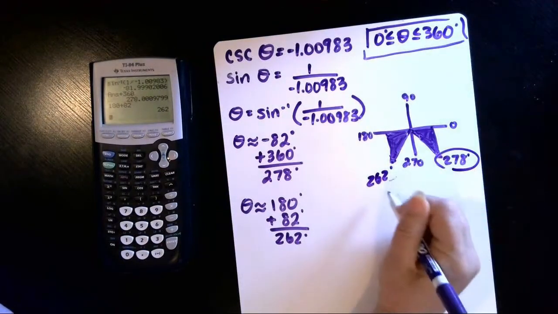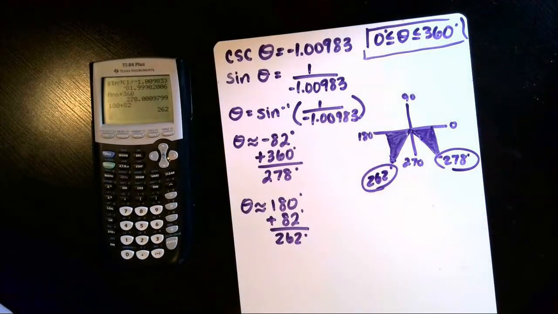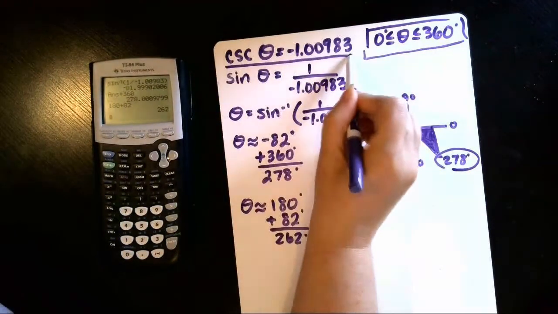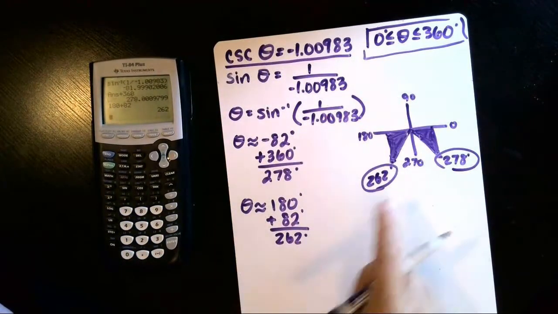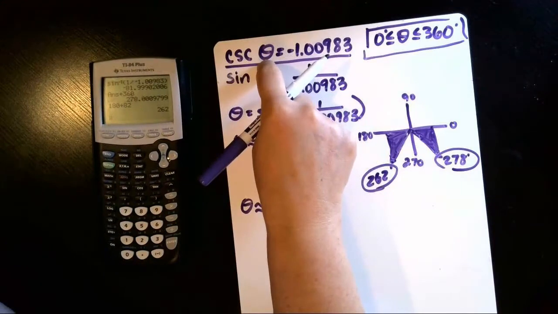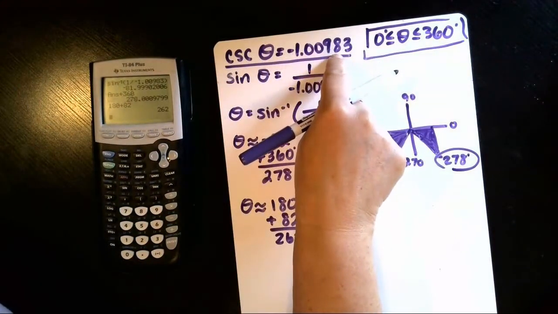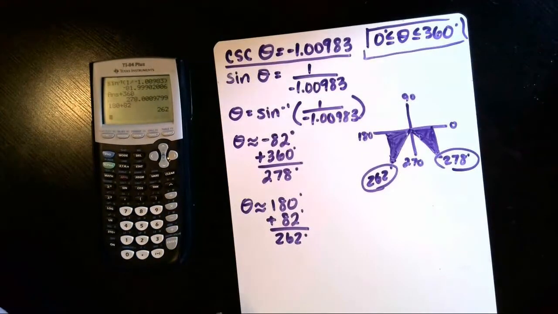So we have these two solutions for this equation that we started with, and we can check them by plugging these answers in one at a time for theta and see if we get what we started with, this negative 1.00983.